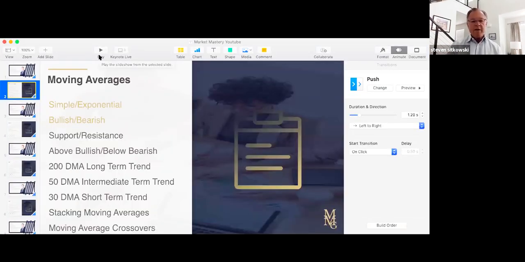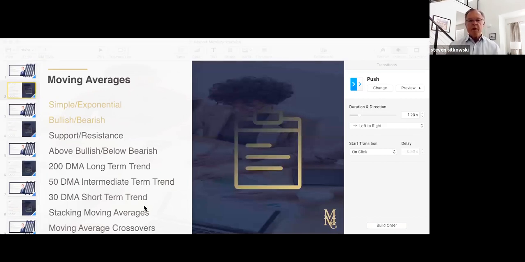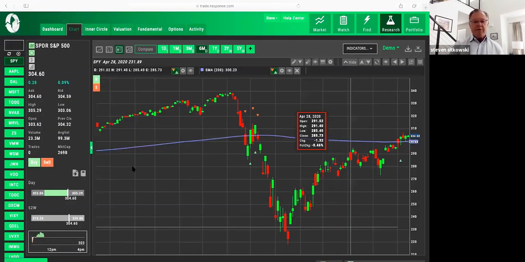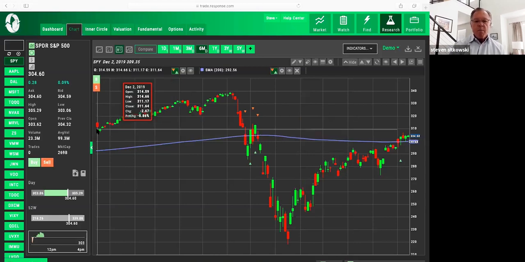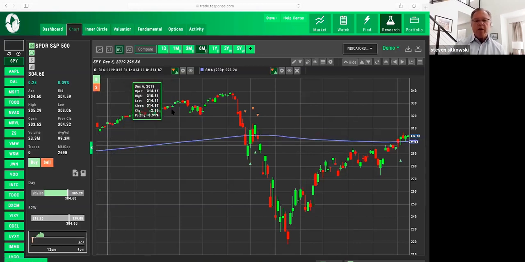So why don't we look at what this looks like, starting with a 200-day. There we go, that blue line. Remember, that's an average over almost a year, so you're not going to see that going way up and way down. But you'll notice that we're trading well above the moving average.